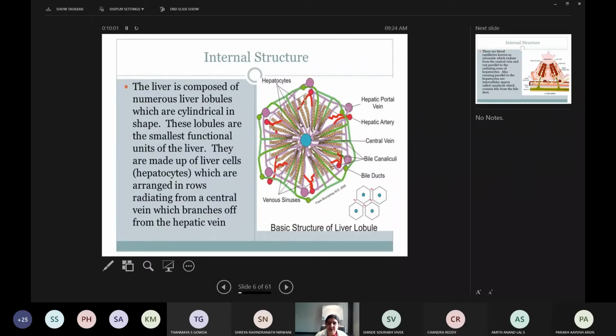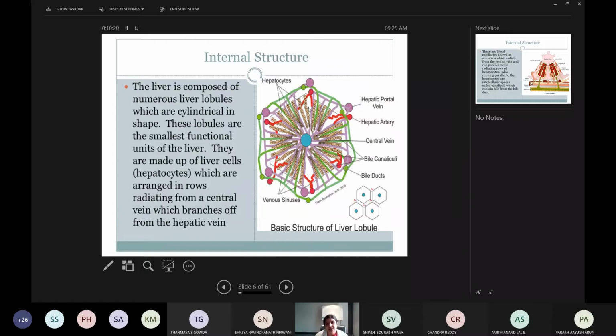These are the hepatocytes which secrete or synthesize bile, and the sinusoid is the place wherein there is an admixture of both portal vein blood as well as hepatic artery blood.